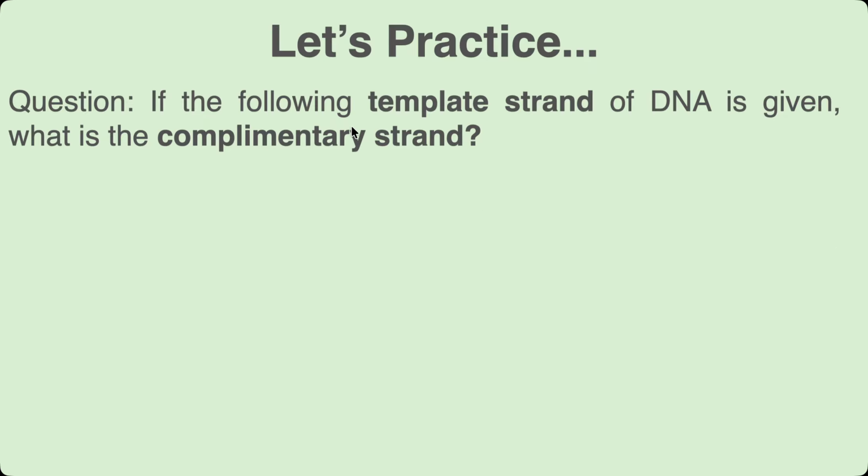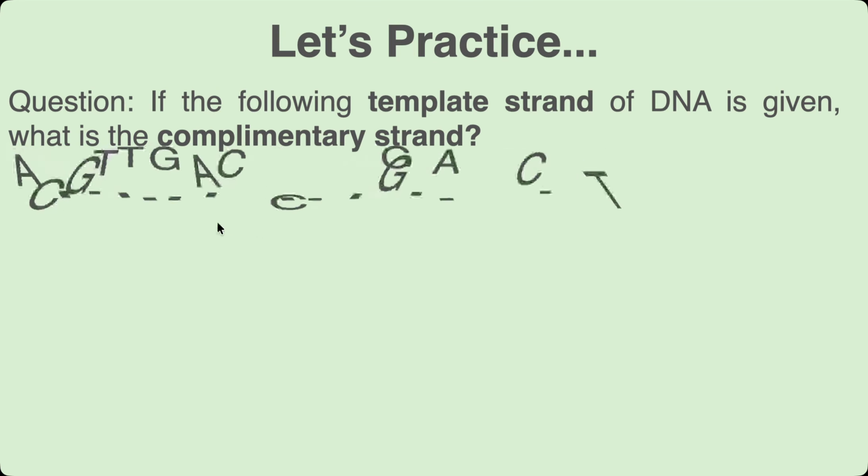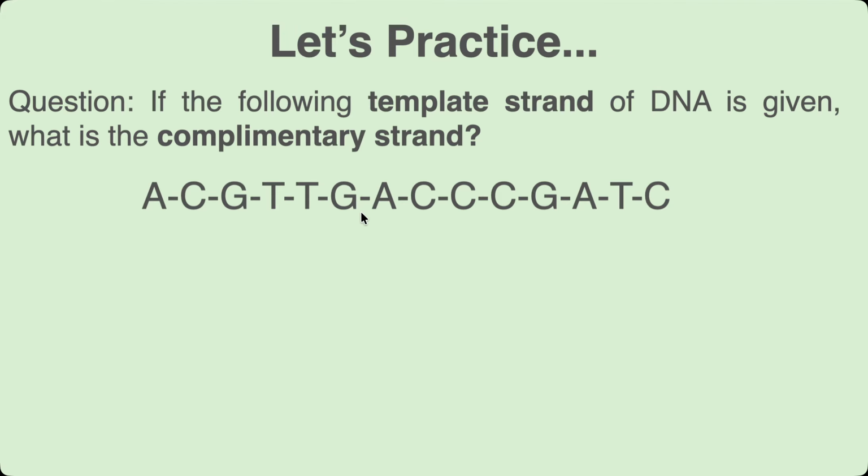So if you're given the following template, let's say this is a piece of DNA, and I want to write the complementary strand for it. What am I going to do? Well, remember, we follow Chargaff's rule. So A goes with what, and C goes with what? A goes with T, C goes with G, G goes with C, and you continue, right?